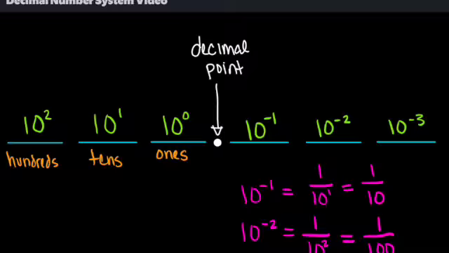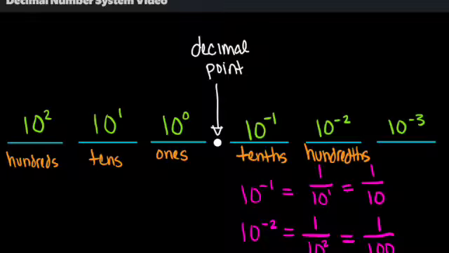So 10 to the negative 1, or the first place value to the right of the decimal, is the tenths place. 10 to the negative 2 is the hundredths place. And then 10 to the negative 3 follows the same pattern, and the name of this place value is the thousandths place.